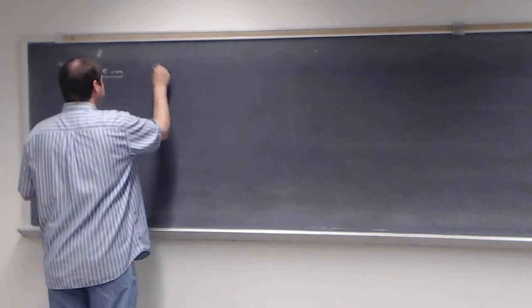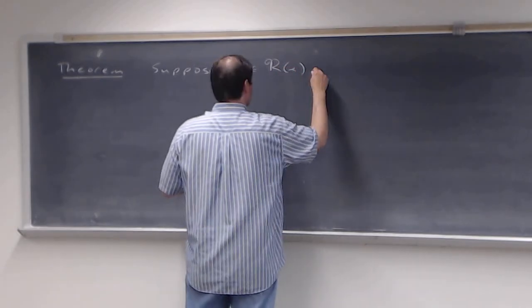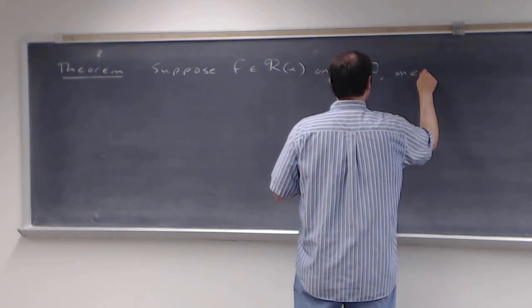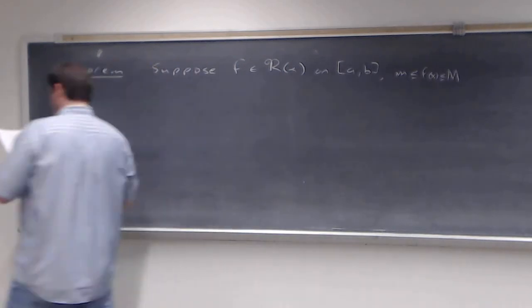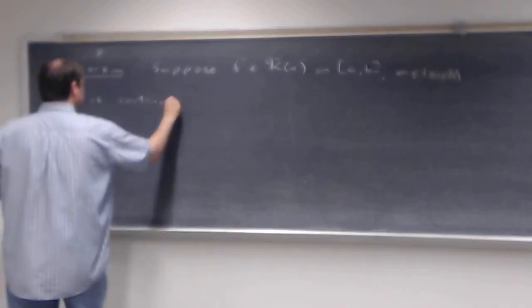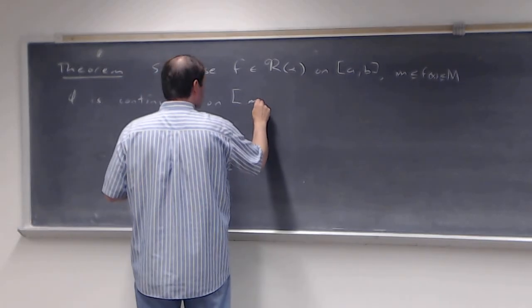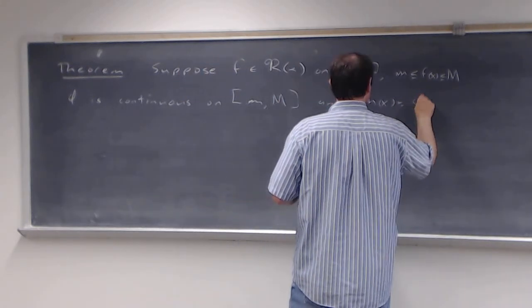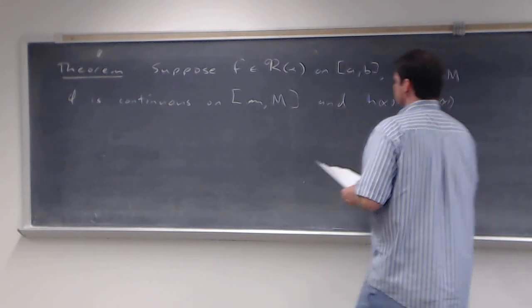So here's the theorem. It says, suppose f is a Riemann-Stieltjes integrable function with respect to alpha on a to b, and we have that little m is less than or equal to f of x, which is less than or equal to big M. We have that phi is continuous on little m up to big M, and we're going to define h of x to be equal to phi composed with f of x, on a to b.